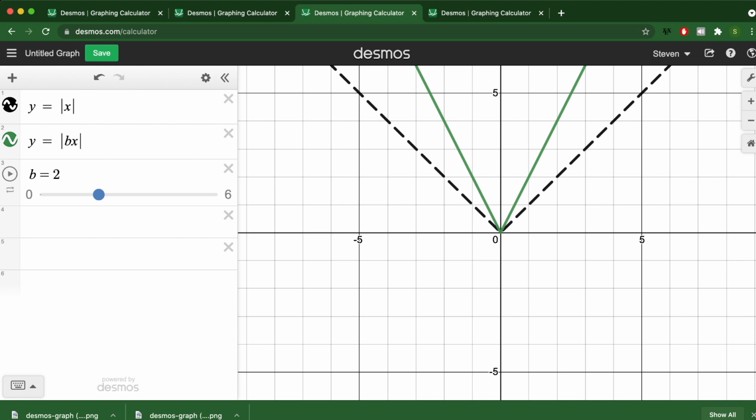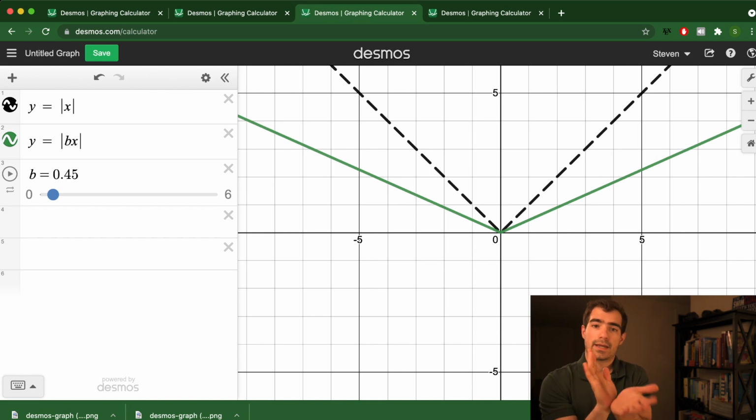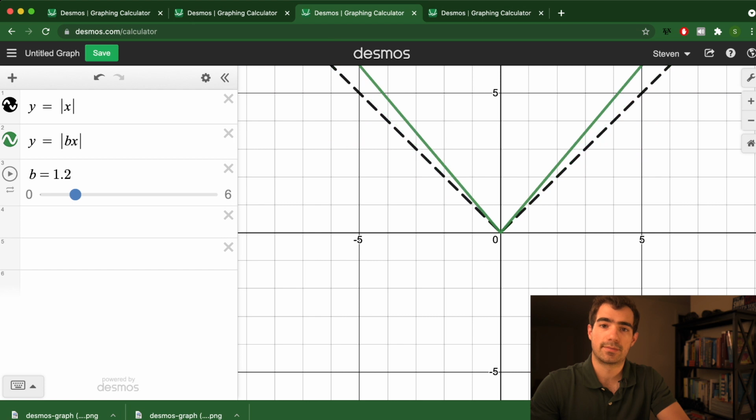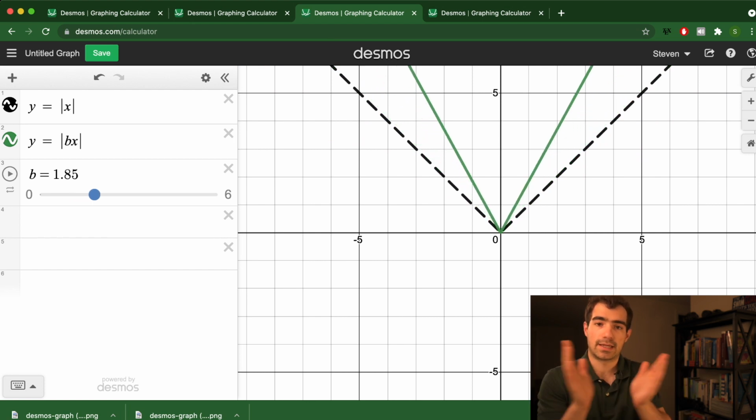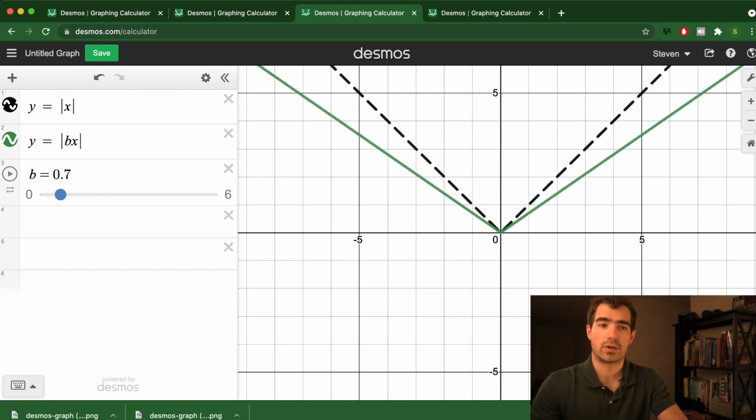On the other hand, if we bring that back between 0 and 1, then we'll see that V open up and get wider. So when we have a greater than 1 multiplicative factor for the horizontal, that will compress it and make it narrower. When we have a factor between 0 and 1, it will stretch it and make it wider.